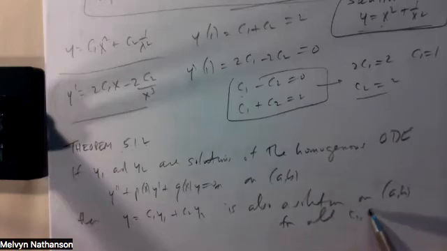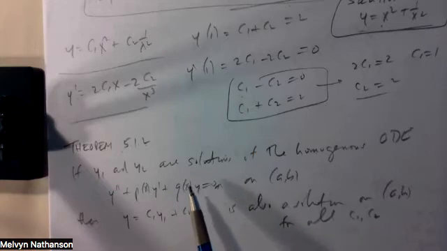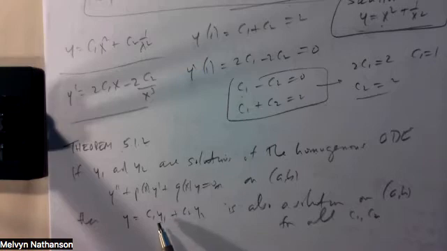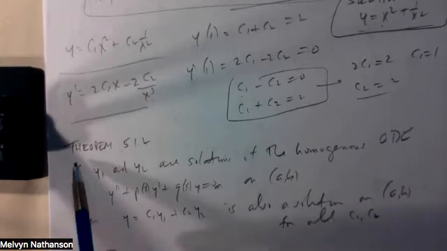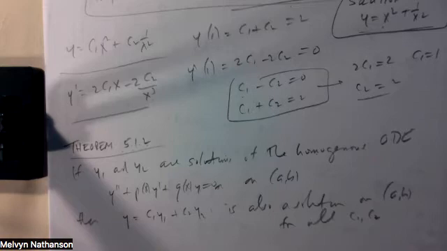So if you have this homogeneous linear ordinary differential equation, if you take any solutions y1 and y2, every linear combination of them is a solution. And you can check this just by plugging into the equation and doing the arithmetic.